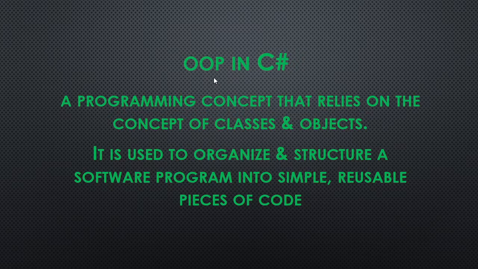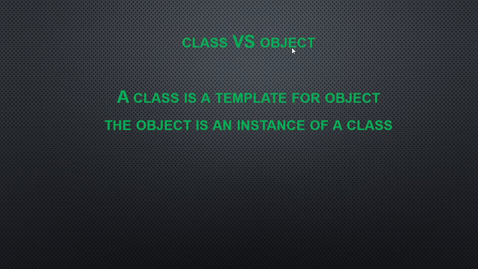Finally, using OOP, our code will be organized and structured in a reusable way, and the code will be separated into pieces, and this allows the developer to work in an easier way in the software program. As I mentioned, OOP relies on the concept of class and object.